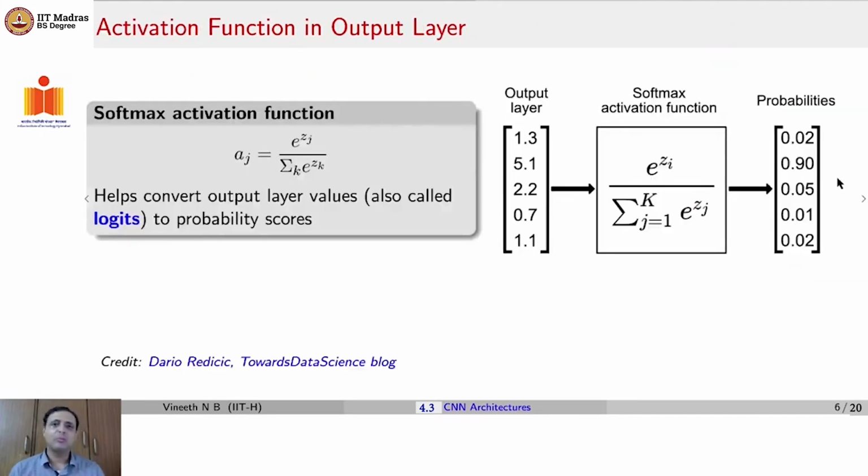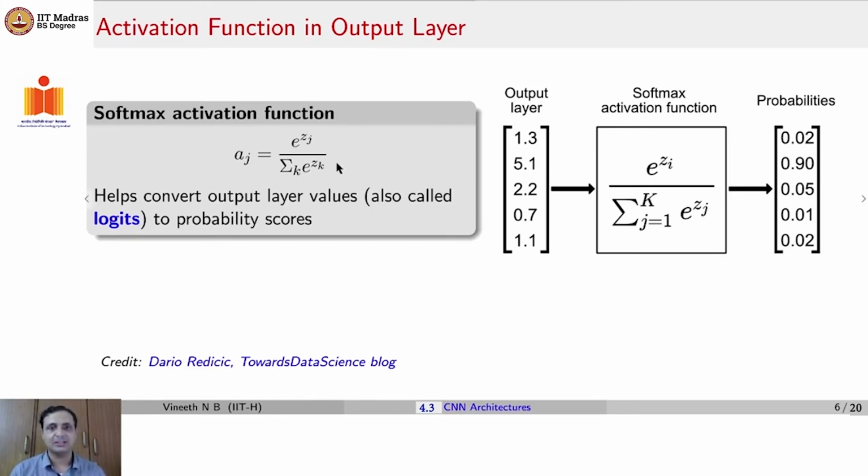One more point before we move to CNN architectures: when you are doing classification, while we talked about different kinds of activation functions such as sigmoid, tanh, ReLU, leaky ReLU, ELU, and so on, we typically use what is known as the softmax activation function in the output layer alone.